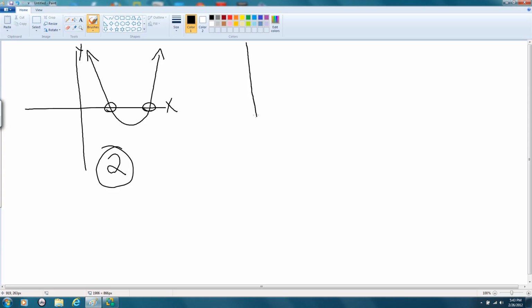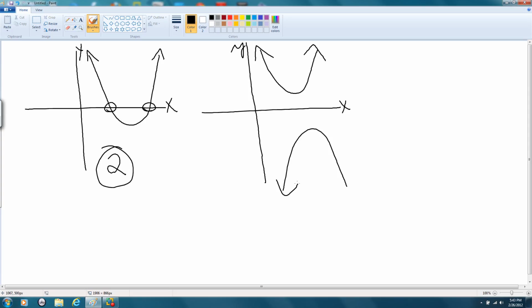And in this one, sometimes we have a parabola that's either above the x-axis or below the x-axis going down, and in that case we will have no solution.